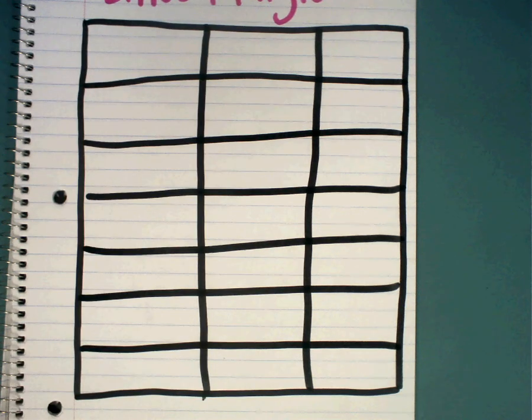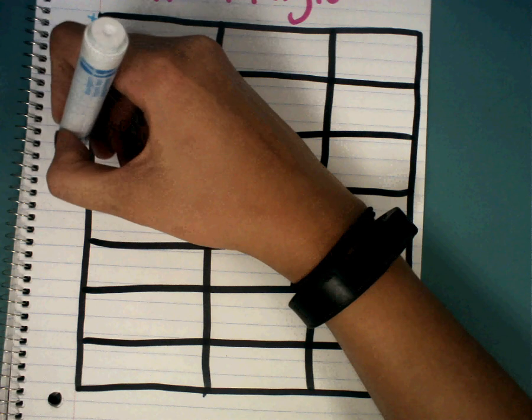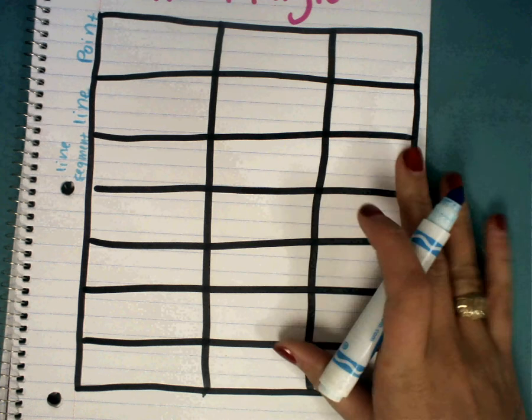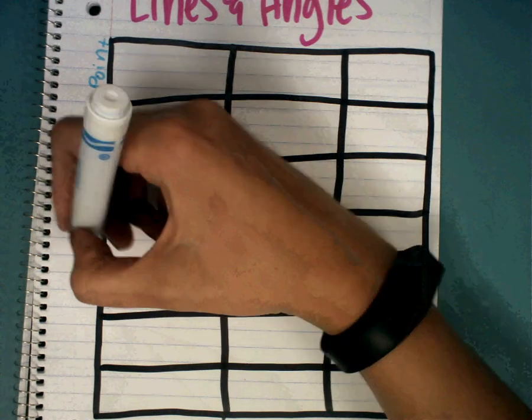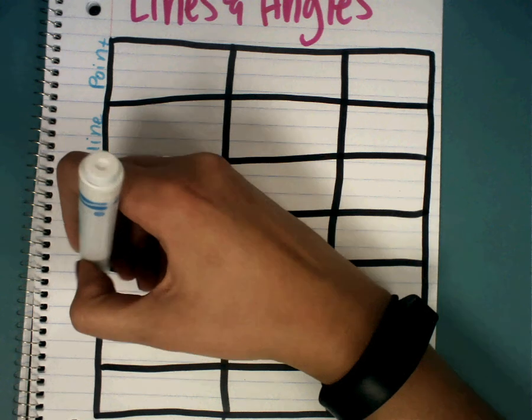All right, so off to the side over here, we're going to write point, line, segment, ray, acute, obtuse, and right.